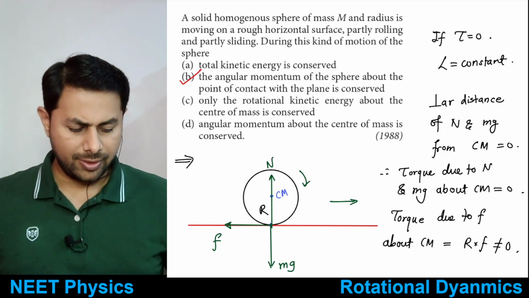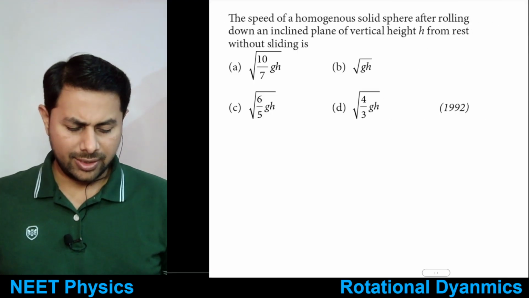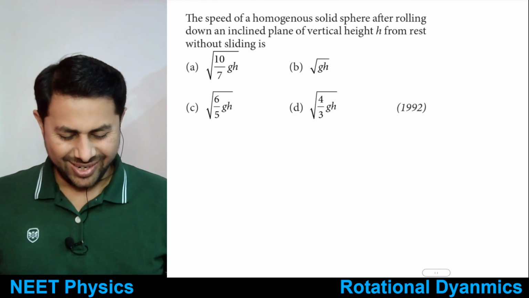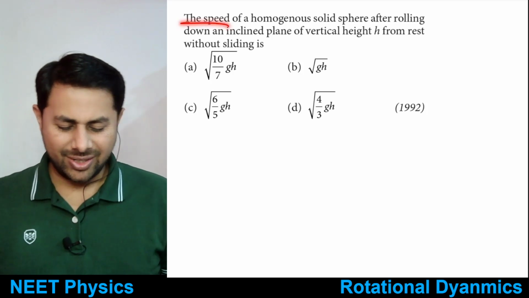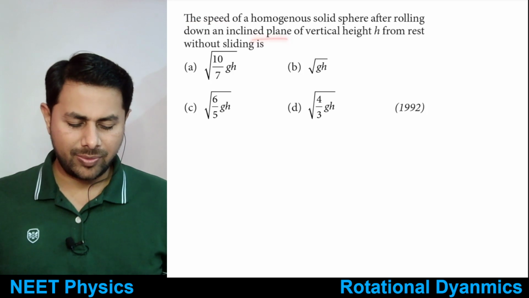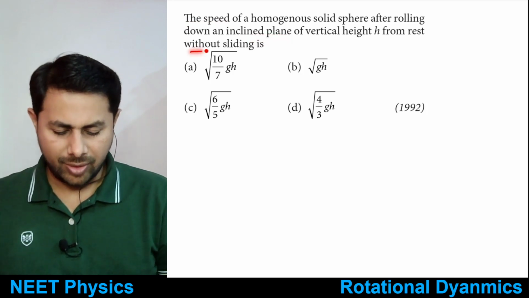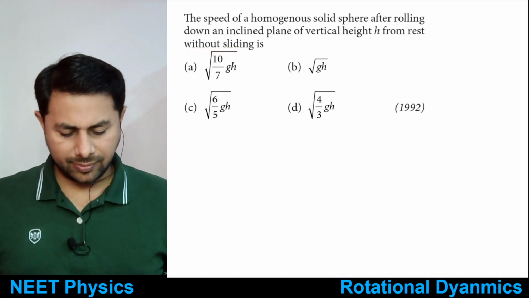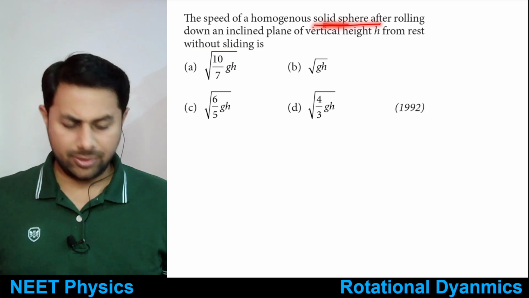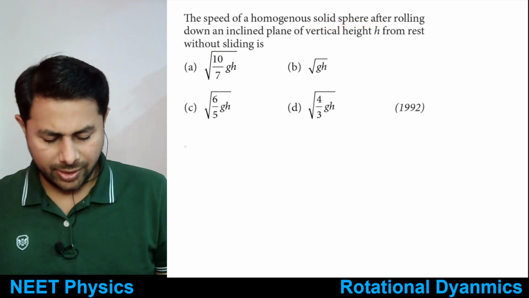Right, good. So then let's see the next one. This is a very old question but a good question. The speed of a homogeneous solid sphere after rolling down an inclined plane of vertical height h from rest without sliding is. So this is just a formula based question.